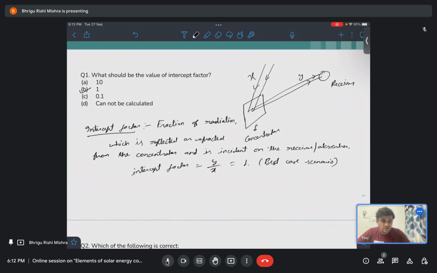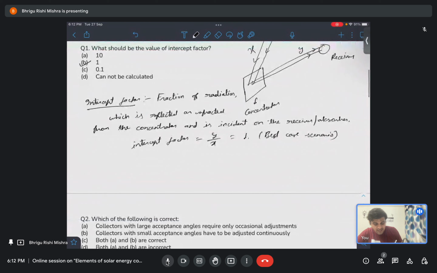So for example, in a central receiver tower we have giant mirrors known as heliostats on the field, and then we have a receiver here. So all these heliostats concentrate the incident radiation to this receiver. Okay, that is what is called a central receiver tower. So in this case, depending upon the area of the absorber, there will be some spillage, meaning loss of radiation at the absorber, not due to conduction, convection or radiation, but due to spillage.